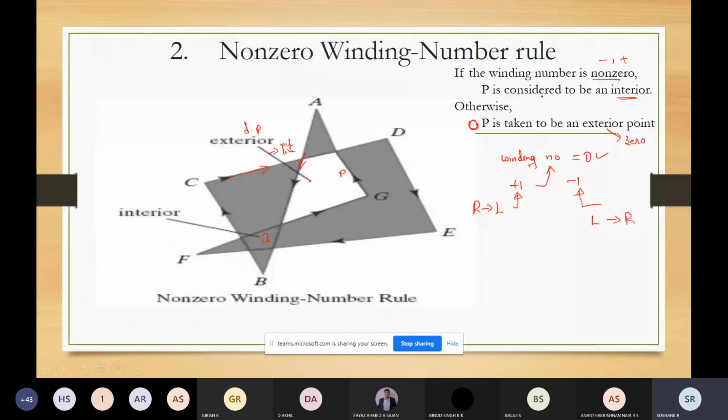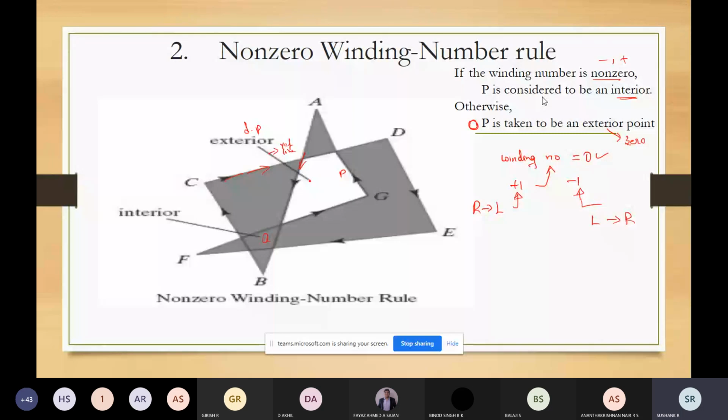So now draw a line from an interior point to an external point. Then note down the number of object lines that cross the reference line. If the line segment crosses in the direction from right to left, add 1 to the winding number. If it crosses from left to right, subtract 1 from the winding number.